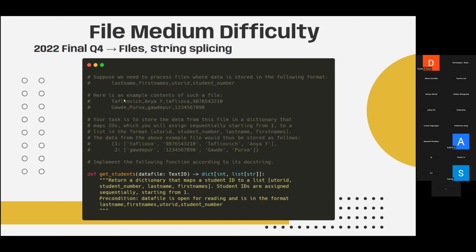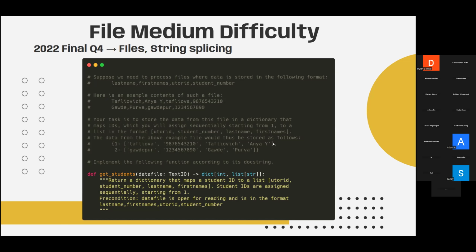And then that will be stored in every line. And basically, what we need to do is go through each line, and we have to store it. We have to create a dictionary that maps an ID to the content of the file in the format of their uTOR ID, student number, last name, and then their first name, all in a list.